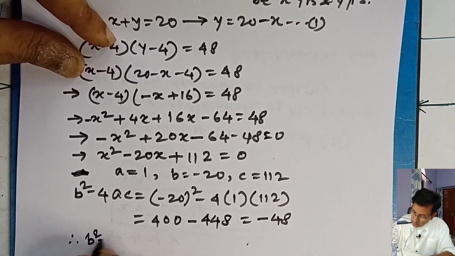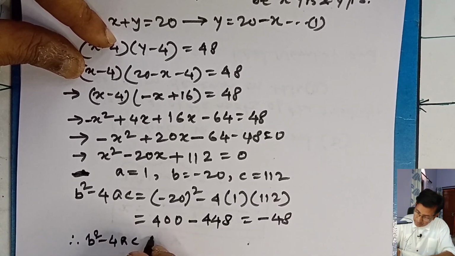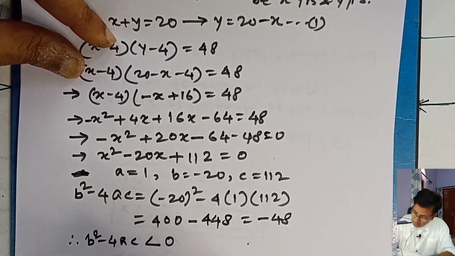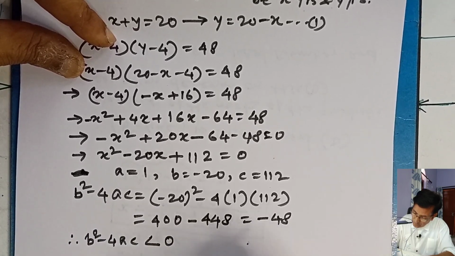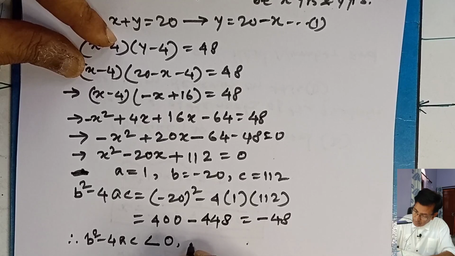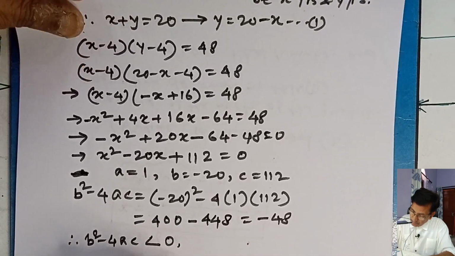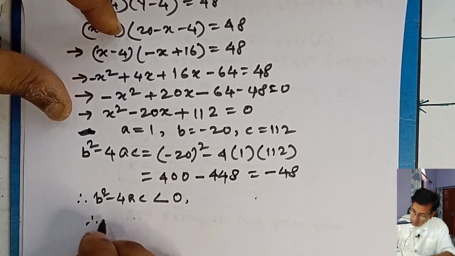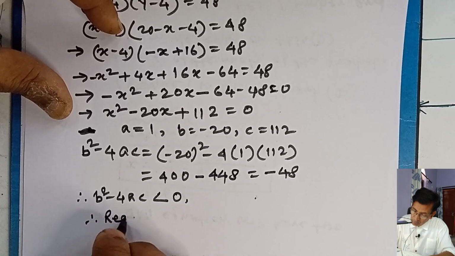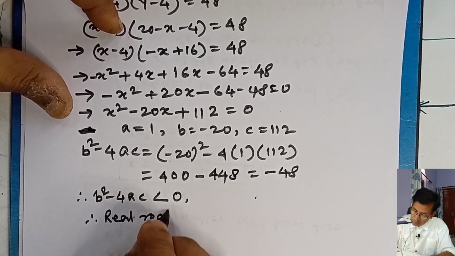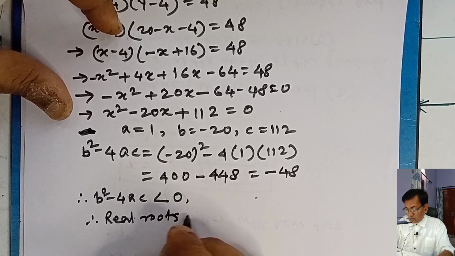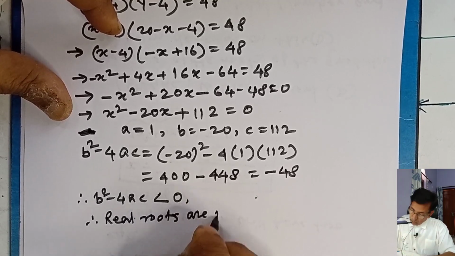Therefore, b square minus 4ac is less than 0. Minus 48 means less than 0. Therefore, real roots are not there.